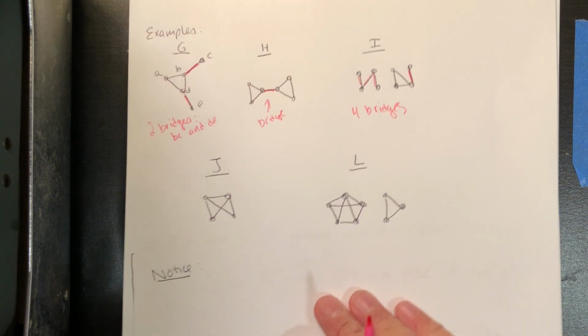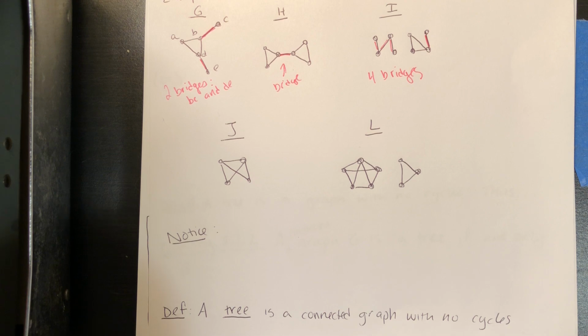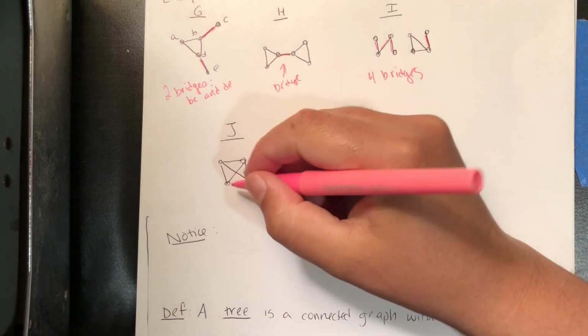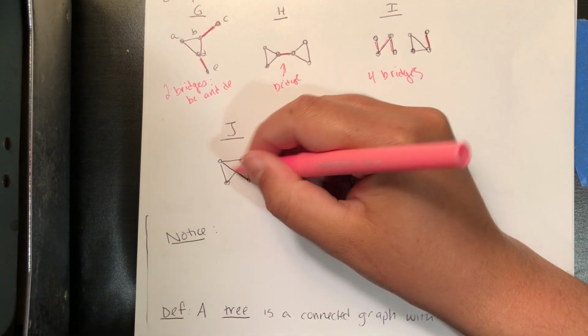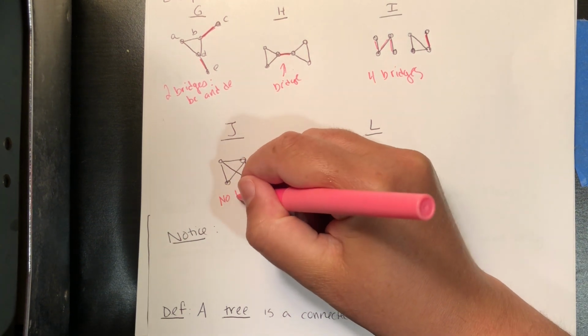Okay, let's move on to J and L. Now, what are the bridges of J? Well, you can try to get a sense of it. There's only 5 edges here, so you could redraw the graph having deleted each individual edge and see that it's always going to remain connected. So this does not actually have any bridges.